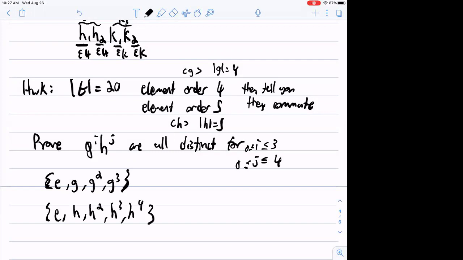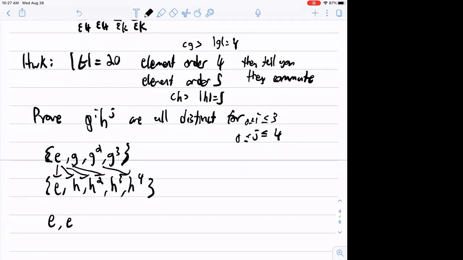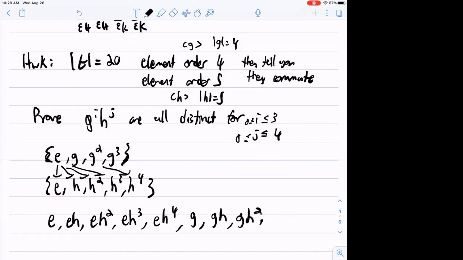So take products of each. I get E, EH, in this case it's stupid to write E, and then you do the product with G: G, GH, GH squared, GH cubed, GH to the 4th. They're all distinct elements, because by definition of order, all these elements are distinct.